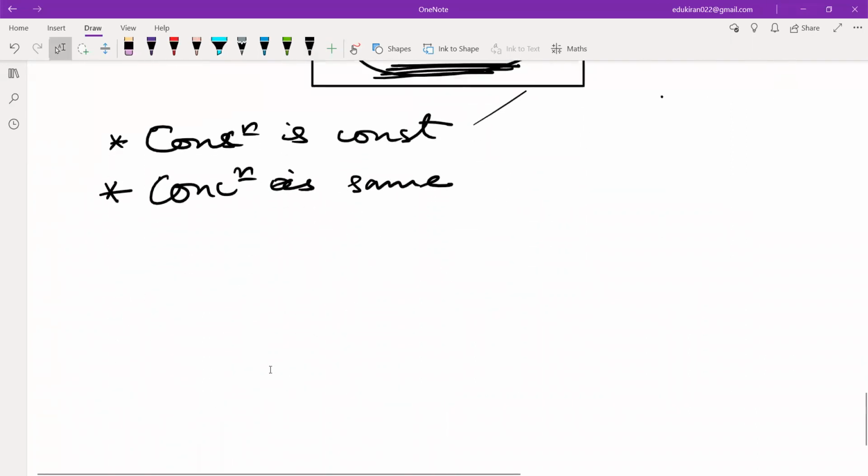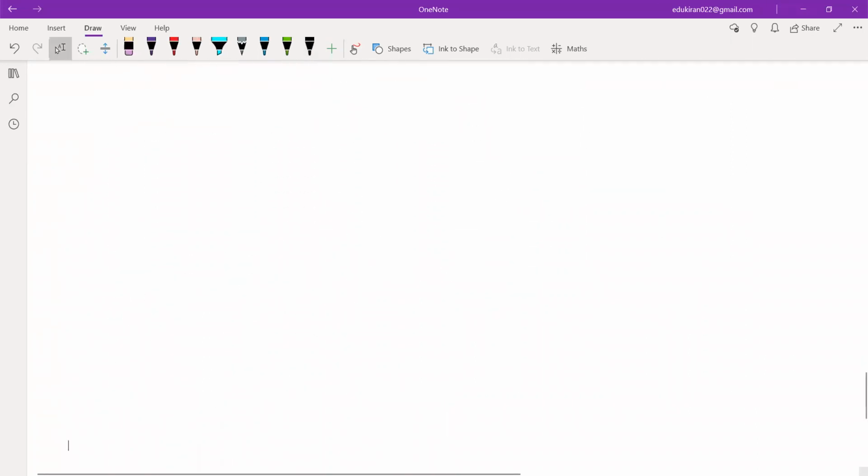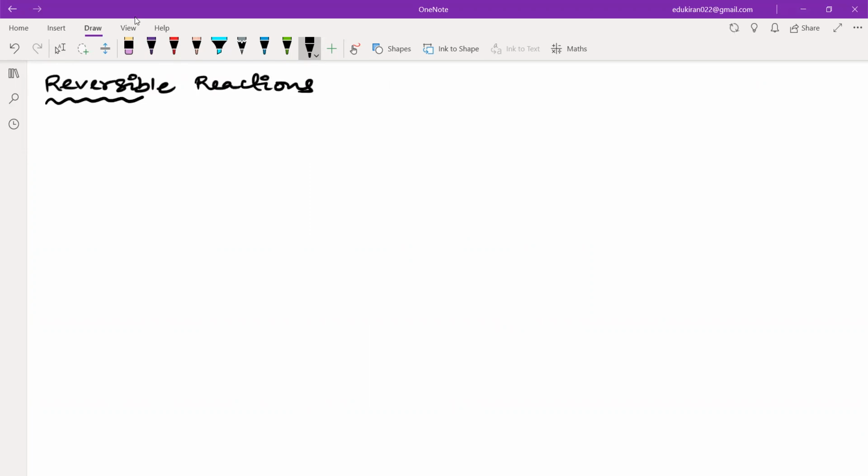Now let us write. First of all, I will define what is a reversible reaction, because we have not seen reversible reactions till now. Then we will define the equilibria. Okay, so please write: Reversible reactions.